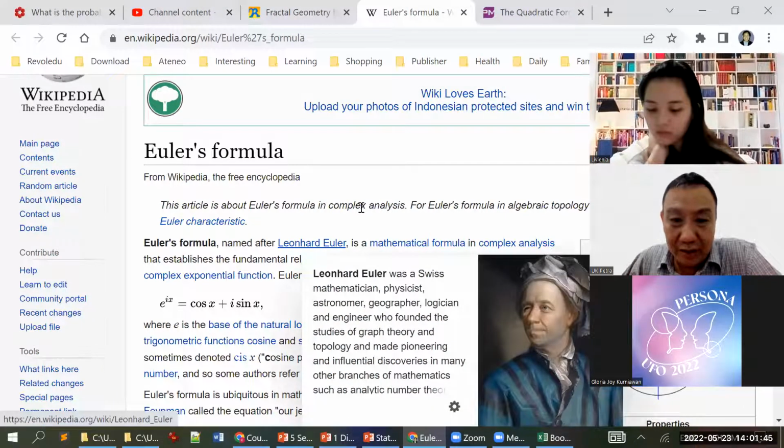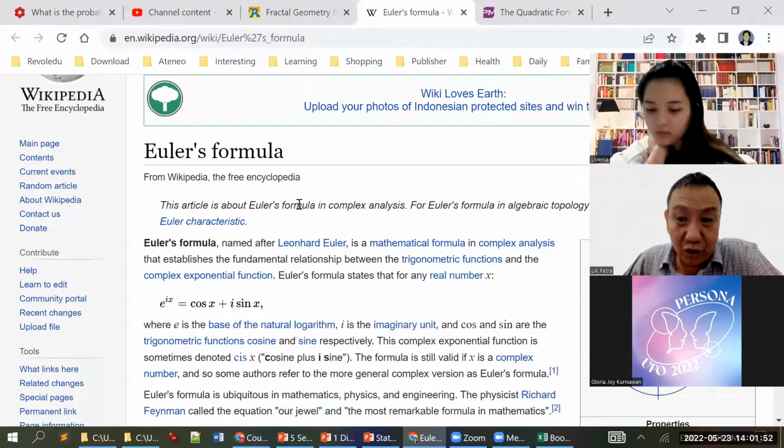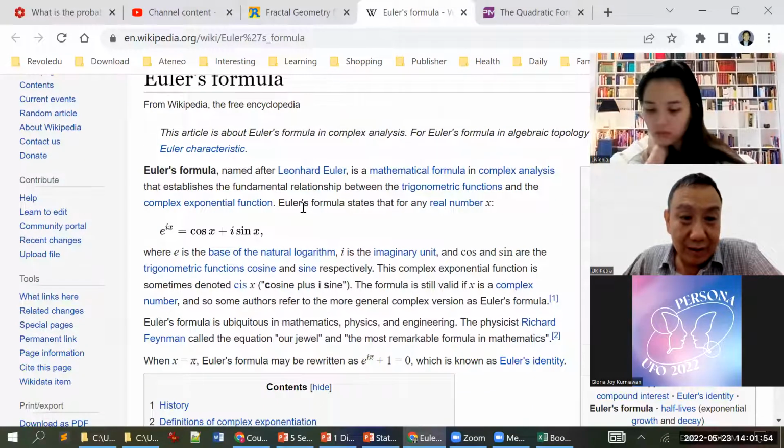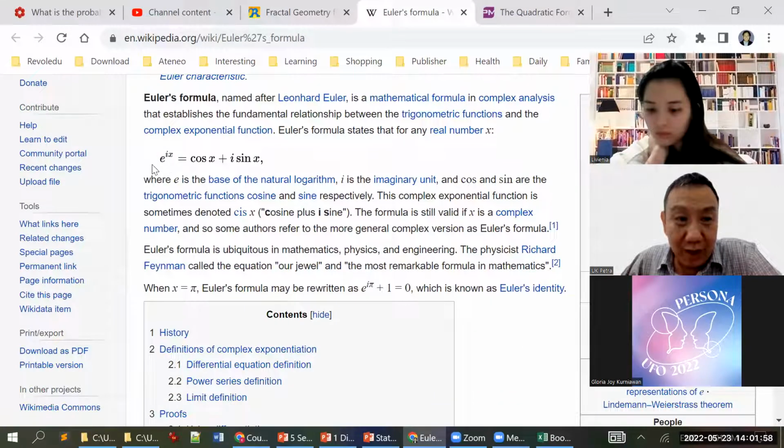Leonhard Euler was a mathematician in about the 1700s, and he discovered a very interesting formula. The exponent of a complex number, e to the i x, is actually equal to trigonometric functions: cos x plus i sine x.